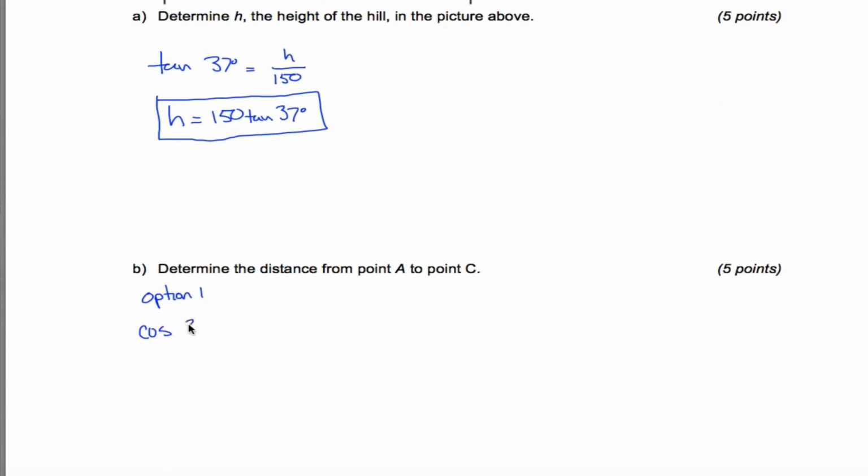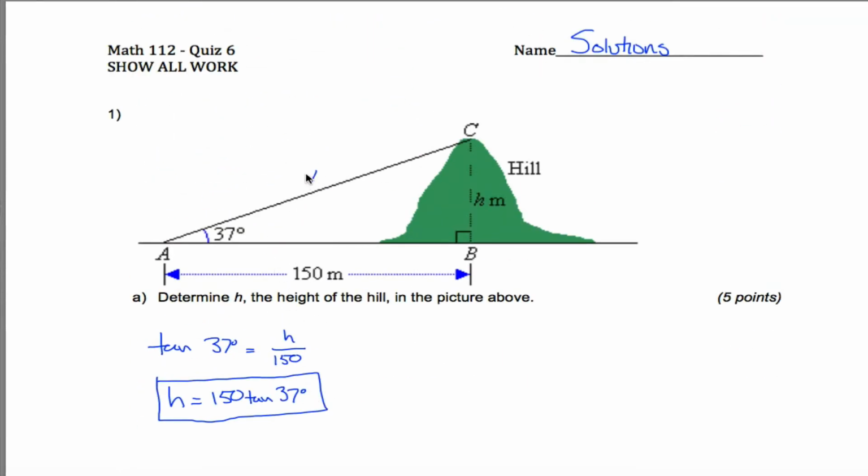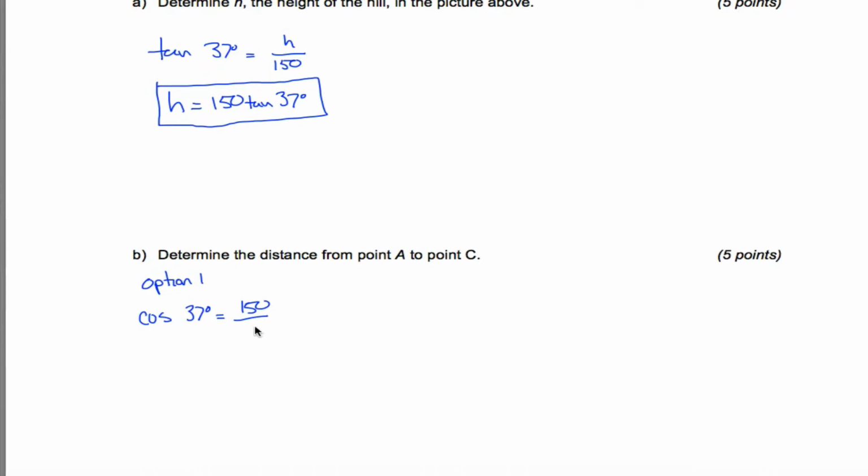The cosine of 37 degrees must be equal to the length of the side adjacent that angle, 150 meters, divided by the hypotenuse, which I have to label. Maybe I call it x. So you want to solve for x? We'll multiply both sides by x and then divide both sides by the cosine of 37 degrees. And this will work out perfectly fine as an answer.